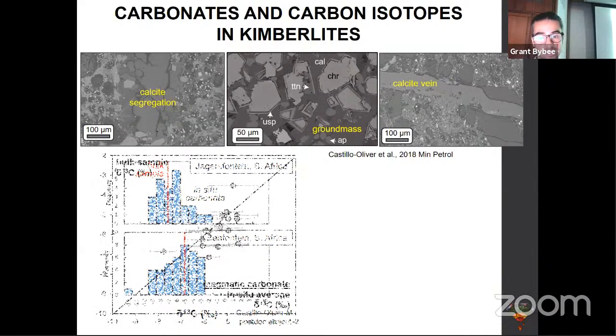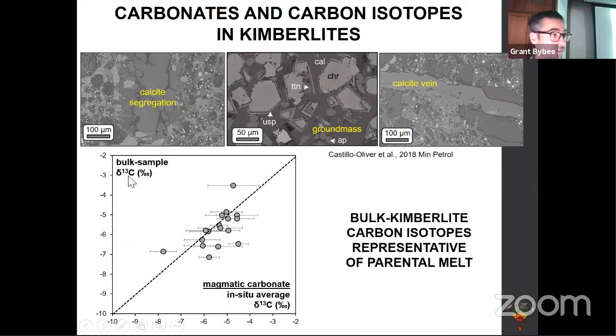I compared the bulk sample delta 13C with the average measured in situ for magmatic carbonates only. So I didn't consider the calcite veins. I only considered calcite segregations that were pristine magmatic. Then I took an average of these for every sample and compared it with the bulk rock. If this is a one-to-one line, the samples typically just scatter along it. There are just a couple of exceptions.